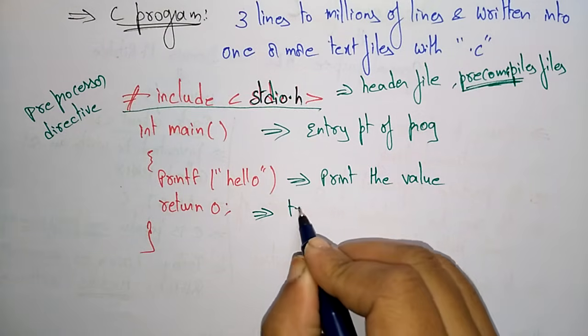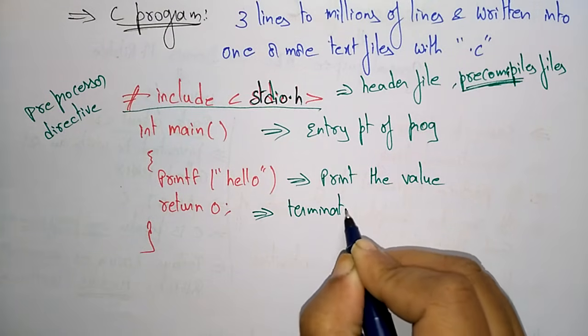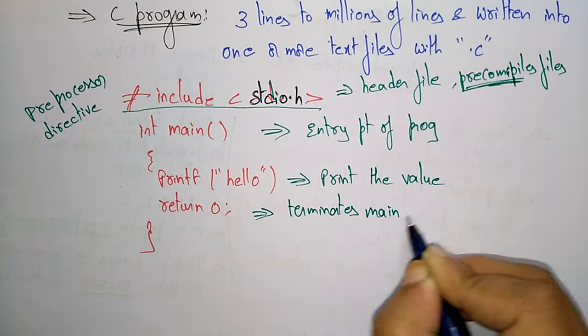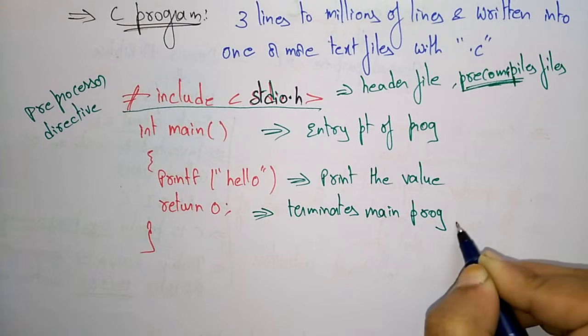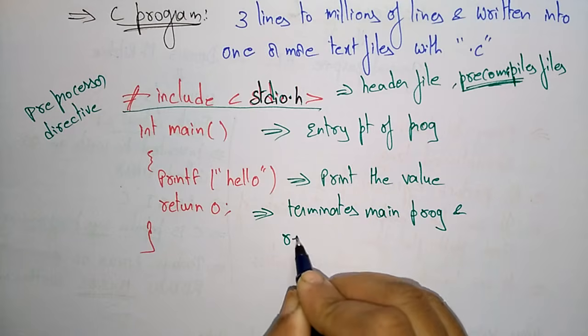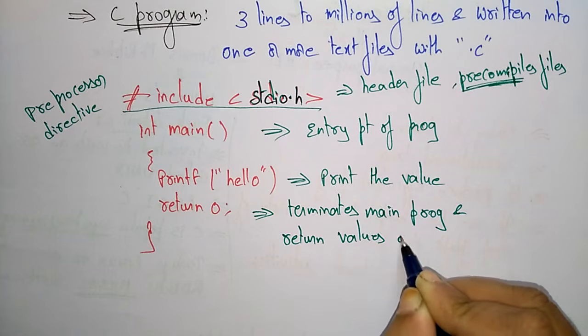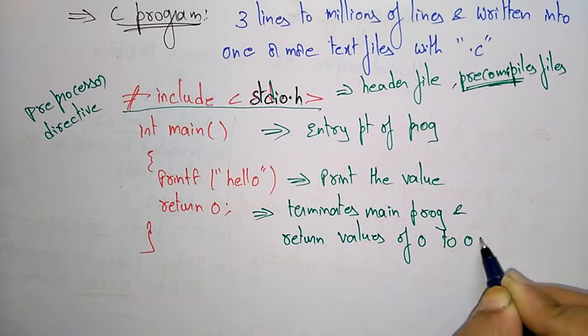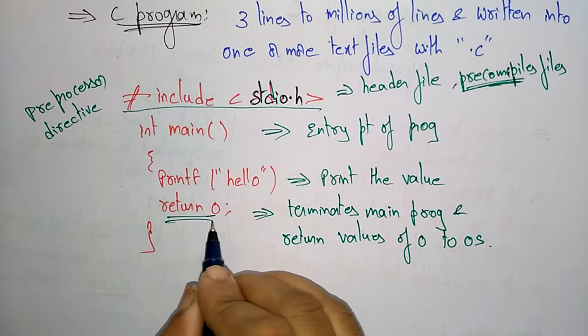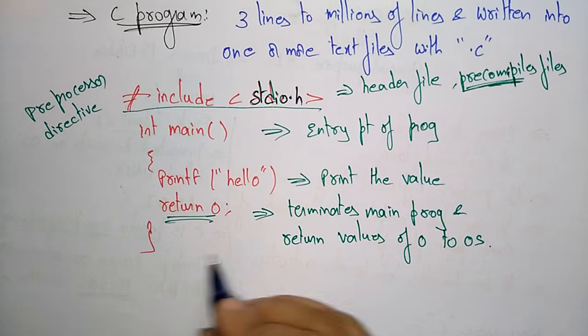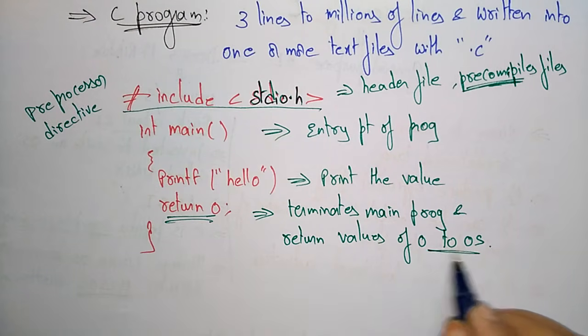So it terminates the main program and returns the value 0 to the operating system. So whenever you mention return 0, it means it terminates the main program and returns value 0 to the operating system.